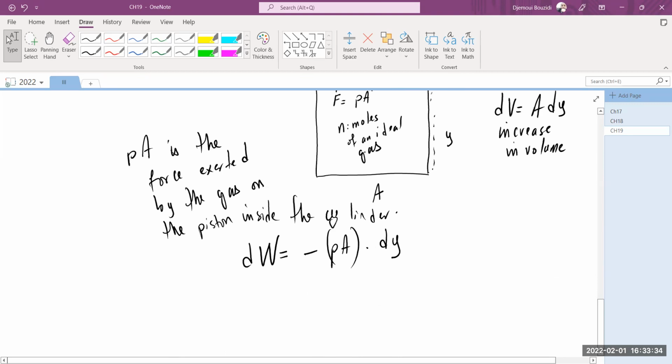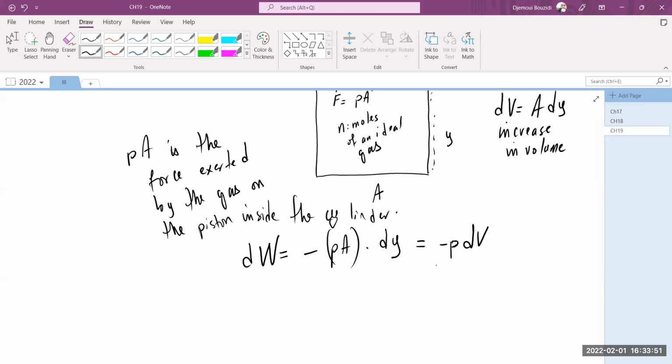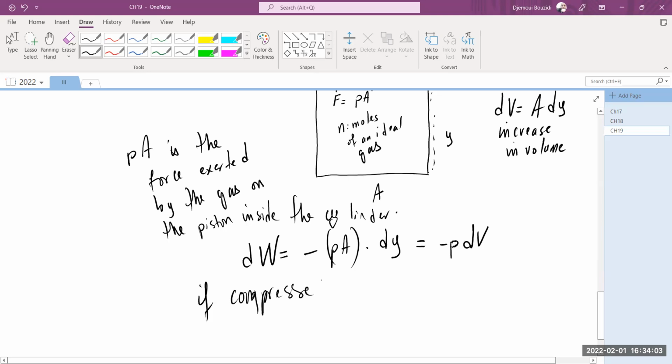I'm going to write it symbolically as minus P, which is the pressure, times A dy, which is nothing but dV. That's how much work is lost, how much energy is lost when the gas expands. If the gas was compressed instead, then how much did the energy go up?